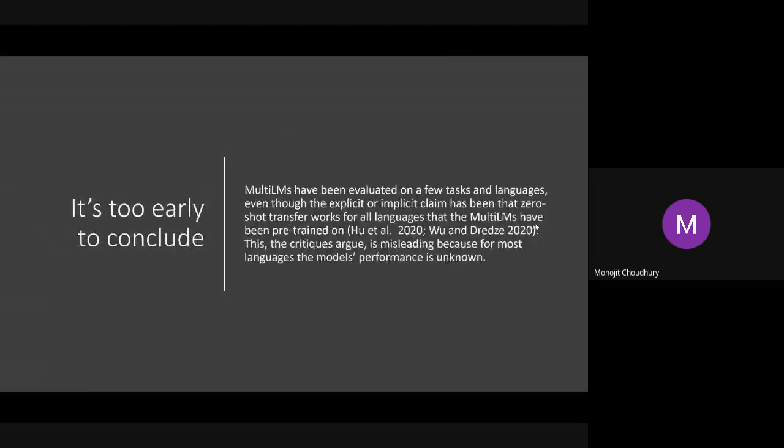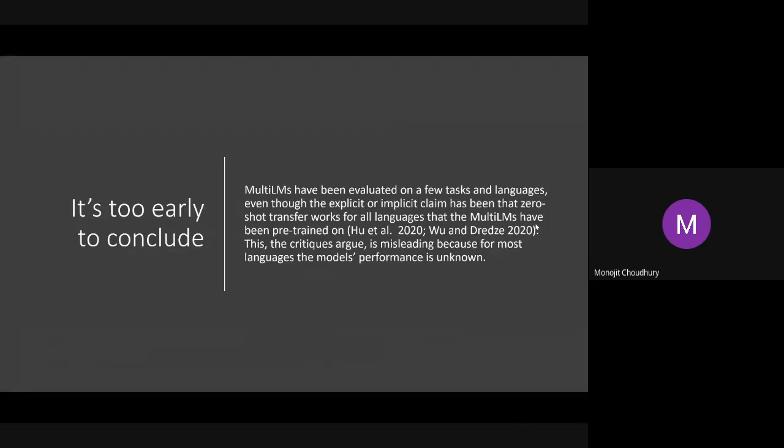The second criticism is, of course, it's too early to conclude, because we haven't tested our models on all languages. The largest data sets I talked about, NER and POS tagging, have only 40 languages. But BERT has 100 languages. So what about the other 60? We have never tested them.